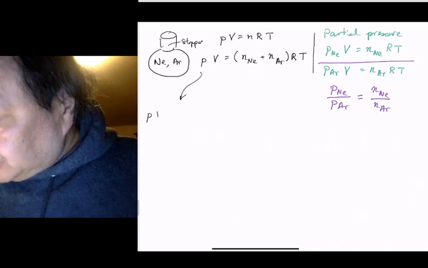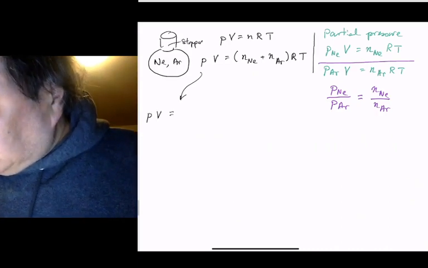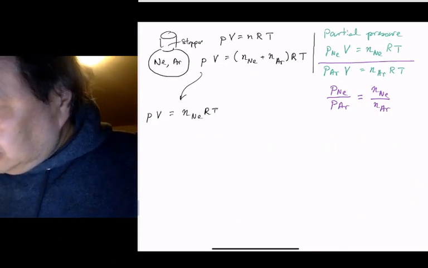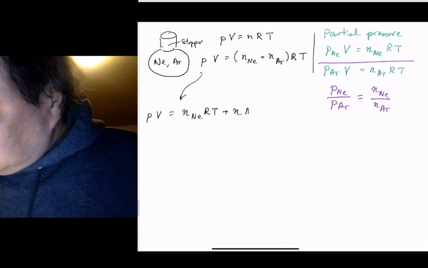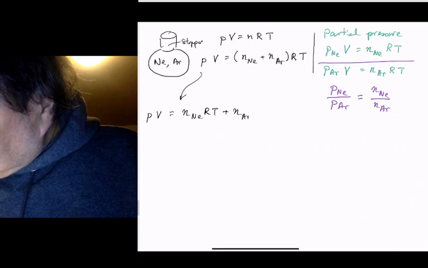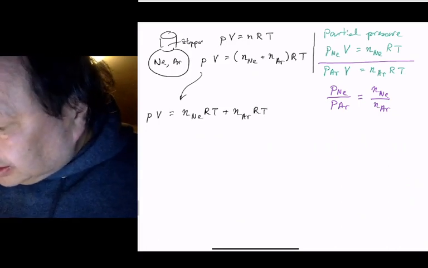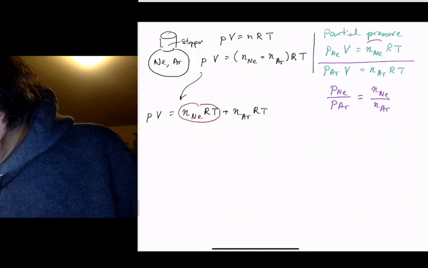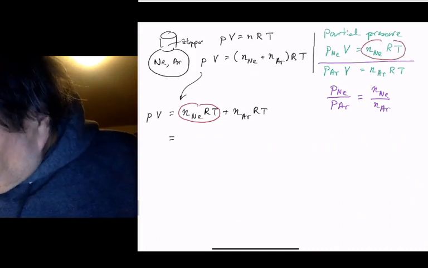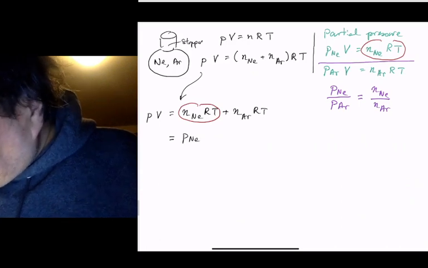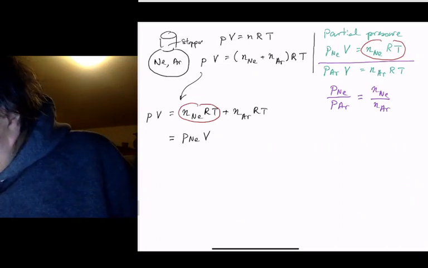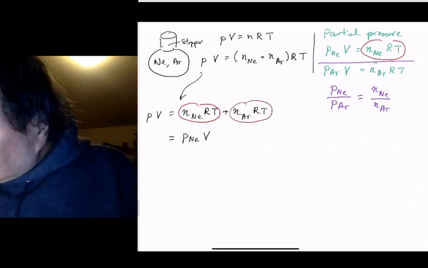We will distribute that parentheses: PV is equal to n_Ne RT plus n_Ar RT. n_Ne RT is just this expression. And therefore we see that PV is equal to P_Ne V. And n_Ar RT is just this expression.